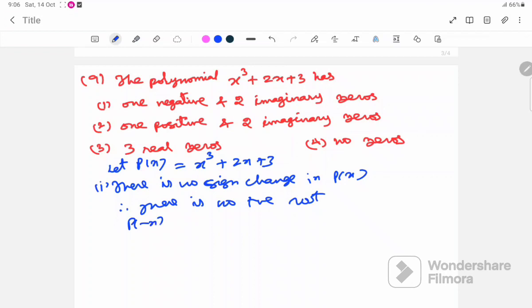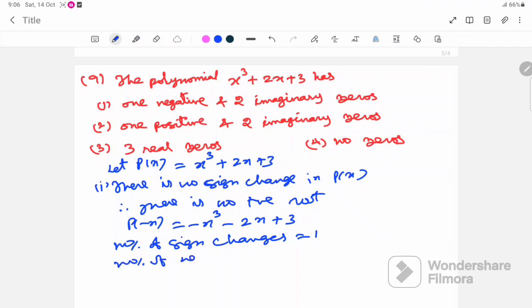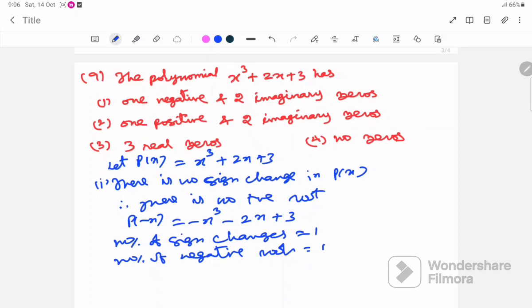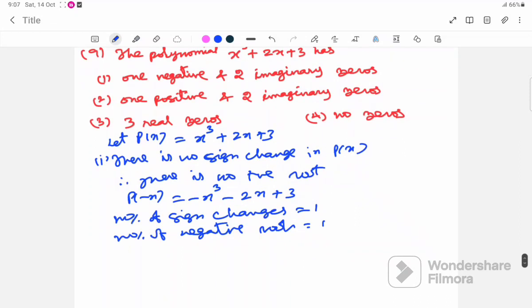P of minus x is minus x cube minus 2x plus 3. Only one sign change is there. Number of sign changes equal to 1. Therefore, number of negative roots equal to 1. Now, 0 is not a root. Therefore, real root is 1. Total number of roots is 3.